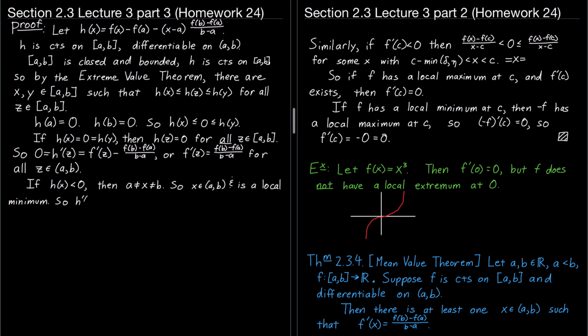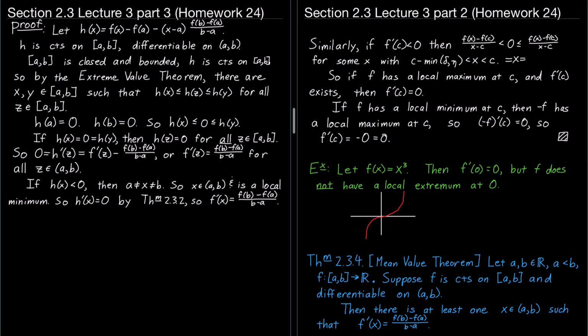So h prime of x equals 0 by theorem 2.3.2. So just as before, f prime of x is f of b minus f of a over b minus a. And in this case, we've only got 1 point with the right derivative, but that's okay. That's all the theorem asked for, was 1 point.